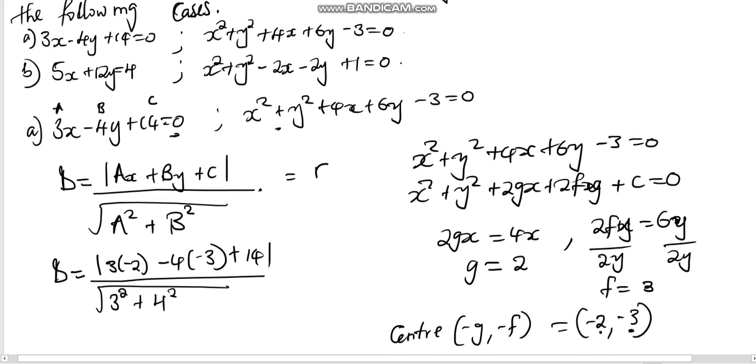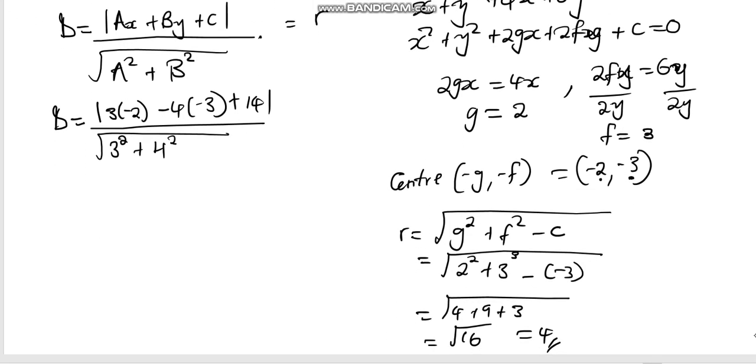Okay, let me just scroll down again. So now we have negative 6 plus 12 plus 14, divided by the square root of 9 plus 16.